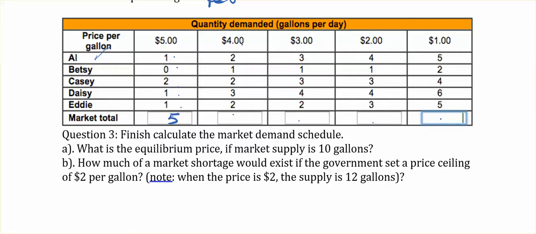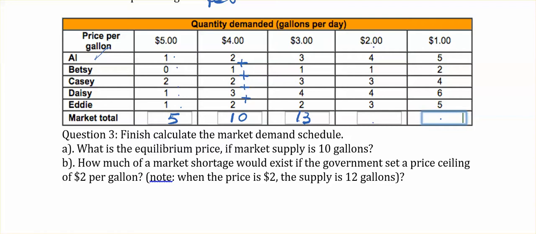When the market price is $4, the market demand equals 2 plus 1 plus 2 plus 3 plus 2. So we get 10. When the market price is $3, the market demand is 3 plus 1 plus 3 plus 4 plus 2, and we get 13.